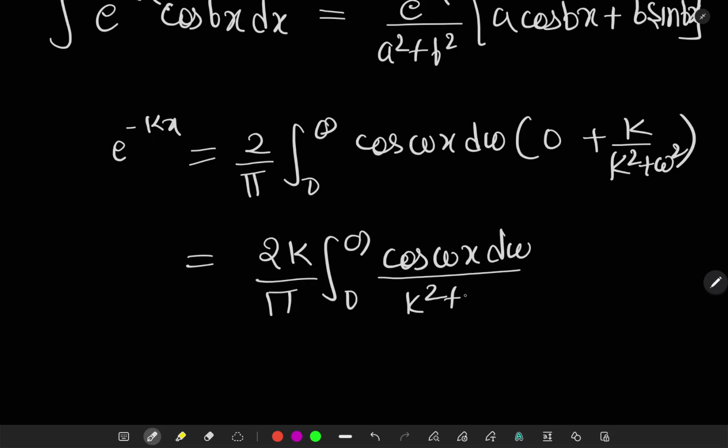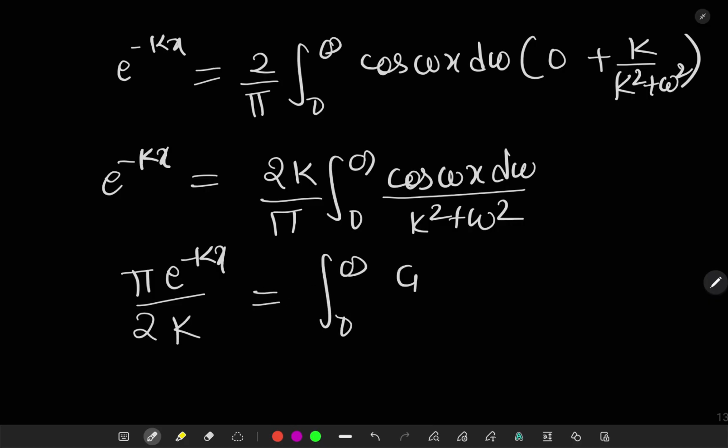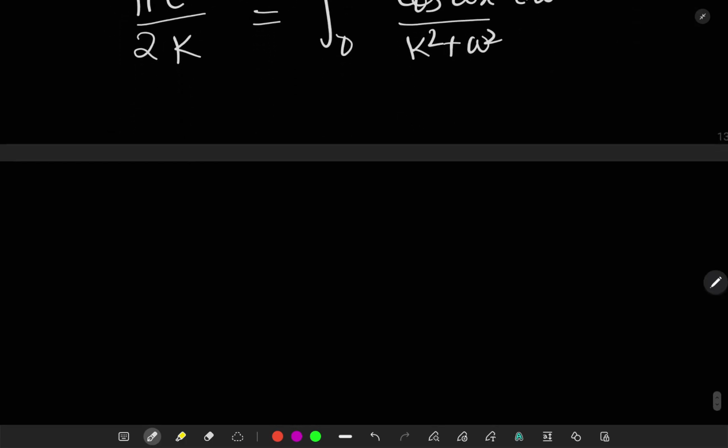Or we can write this and this becomes pi e raised to power minus kx divided by 2k equals integral 0 to infinity cos wx dw divided by k square plus omega square. Hence proved. Let's do another question.